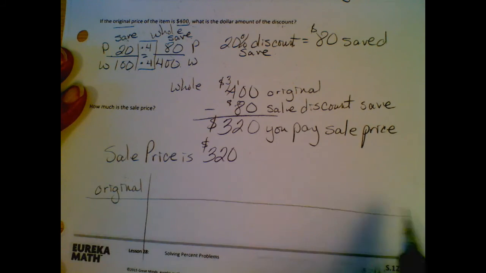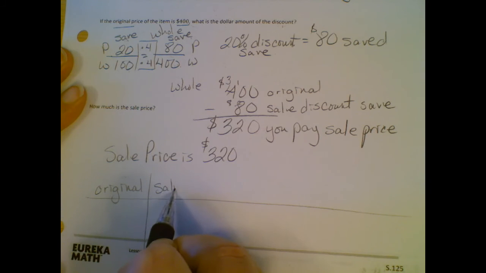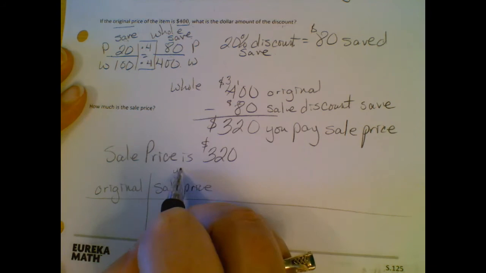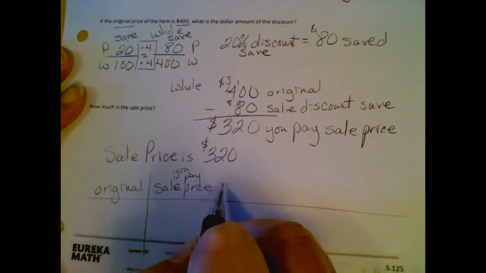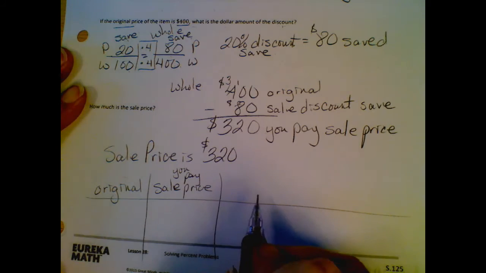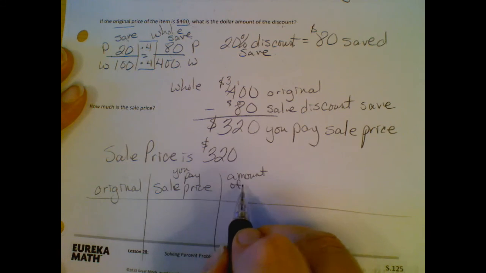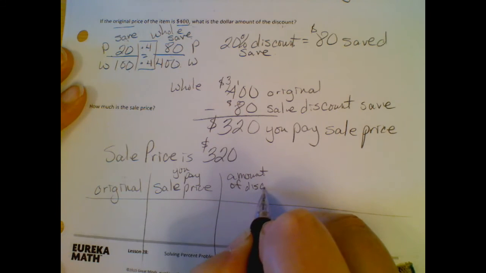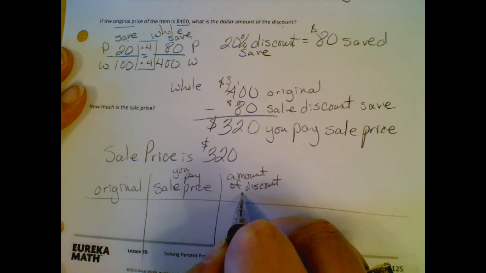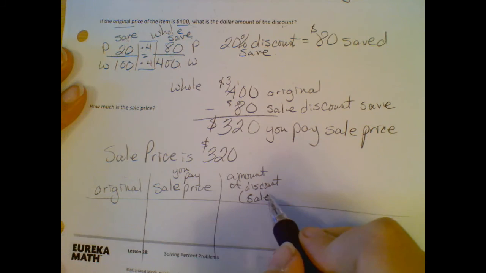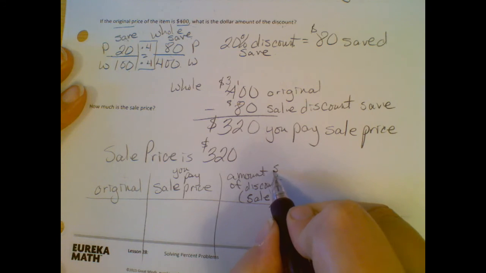We're going to have a sale price. This is what you pay. Then there's the amount of discount. This is the sale. This is also what you save.